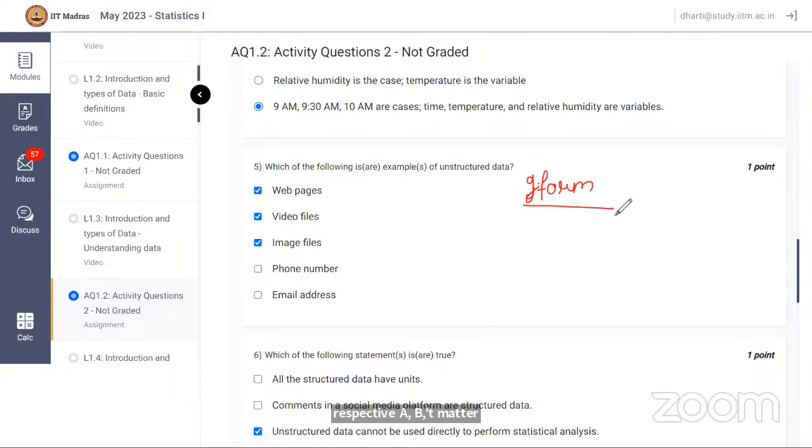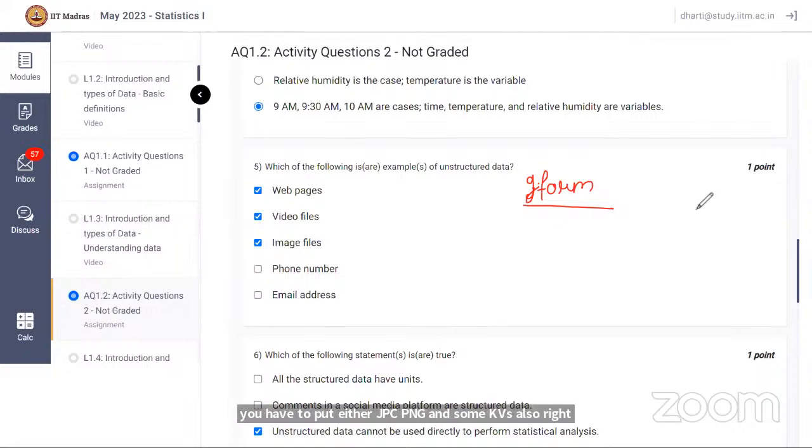Have you ever filled a Google Form? Let me just ask you this question. In Google Forms, let's say you are filling something and they are asking you for your photo. At that time, they particularly mention you have to put either JPG or PNG, and some KBs also, right?